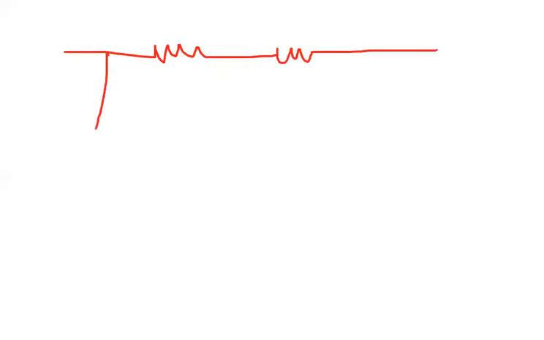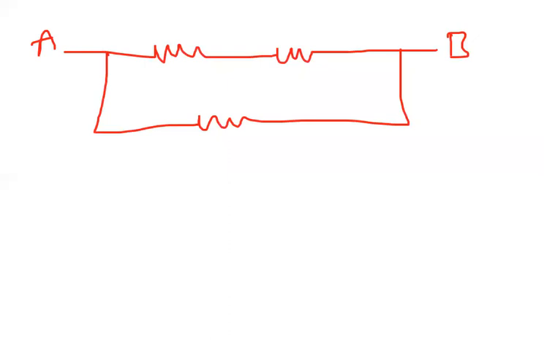Next we'll see, suppose two resistances are in series and one resistance is in parallel. Here the two points I'm taking are A and B. If the two points are A and B like that, what is the effective resistance they're asking? Let me take this as R1, this as R2 and this as R3.